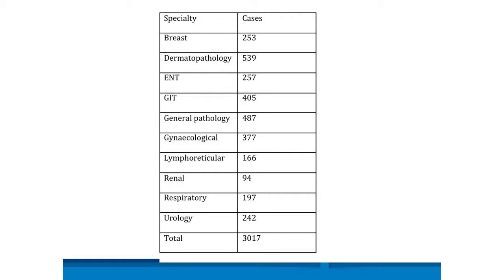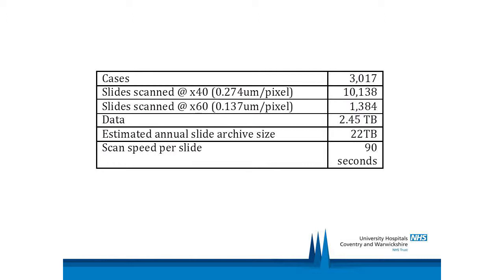So when we finished the study, this just shows you the outline of cases which were included in the study, all the subspecialist teams on the left, and a number of cases which we included from them. You'll notice we overpitched.